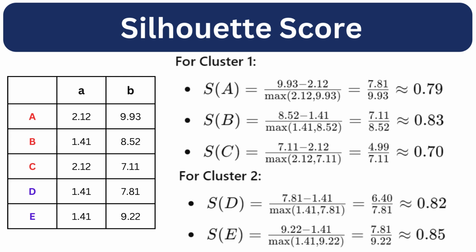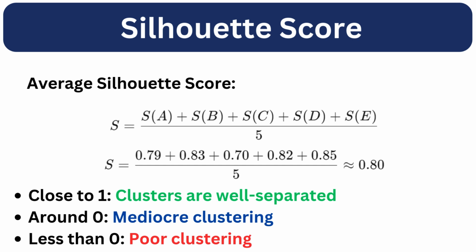Now we have to compute the average Silhouette score. The average Silhouette score is calculated by summing up all of the Silhouette scores and then dividing by the total number of data points. The average Silhouette score is 0.80. Now let's learn how to interpret the Silhouette score. A Silhouette score close to 1 is excellent.